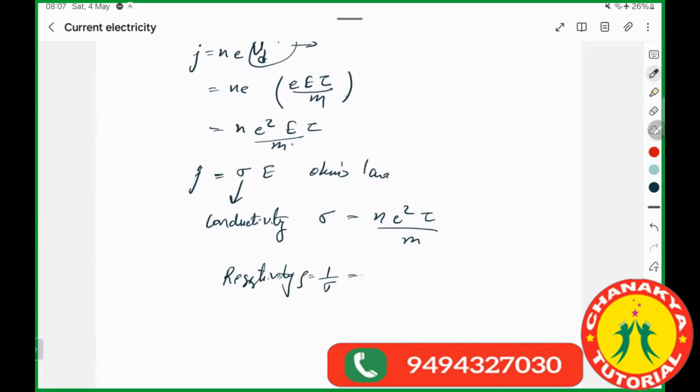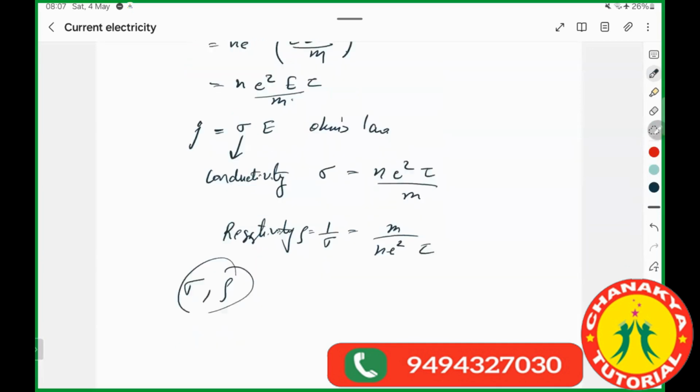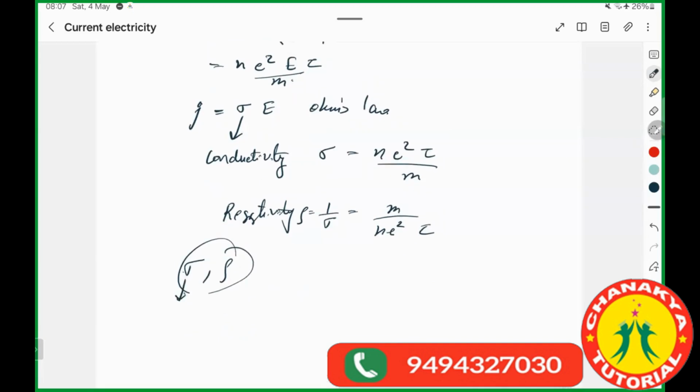Rho equals 1 by sigma, which means rho equals m by n e squared tau. Now here sigma and rho are functions of material, and also functions of temperature.